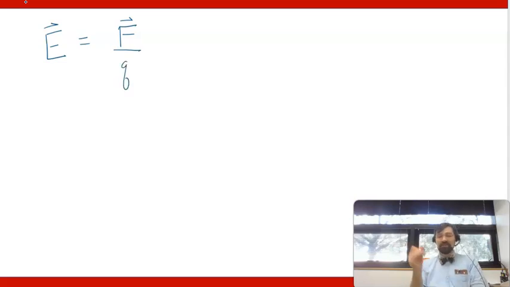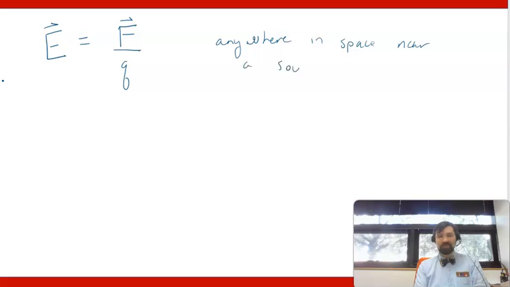Now that we've done all this, let's write a better definition for what electric field is doing. It basically is giving you how much force you have per unit charge at any region in space near a source charge.